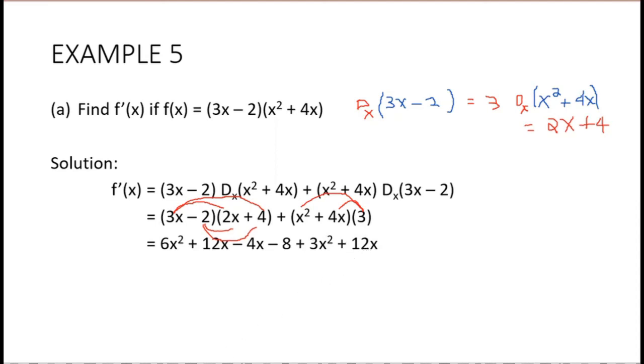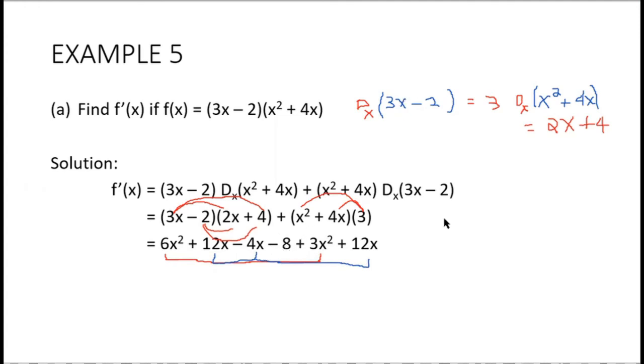Then pagsamahin natin yung similar term. Katulad ng 6x squared at 3x squared. Yung 12x, negative 4x, at yung isa pang 12x. Then yung walang similar ay remain.